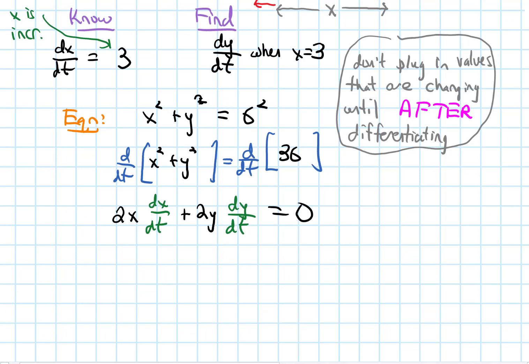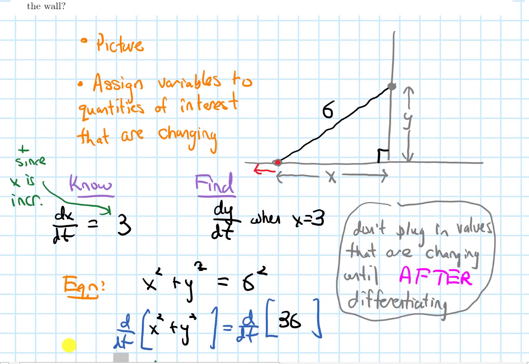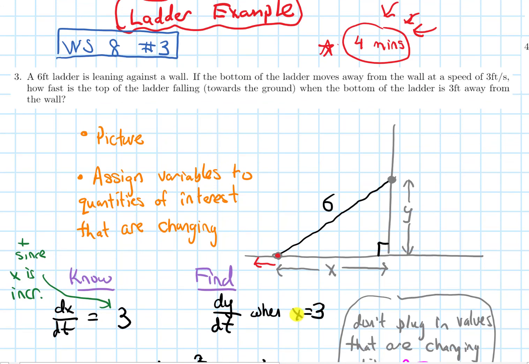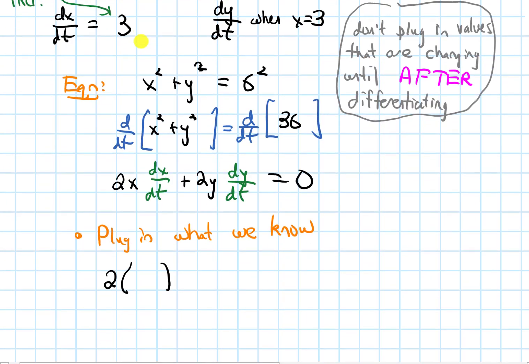Once I've taken the derivative, now we can plug in what we know and then solve for what we're after. So we'll have 2 times x, and we care about the specific situation where x is 3, so let's plug that in.